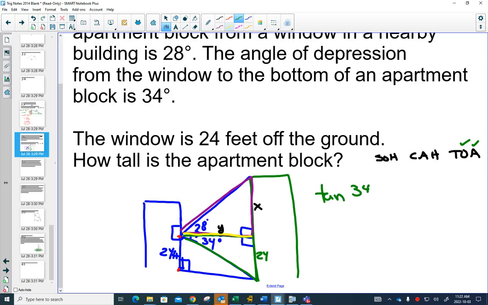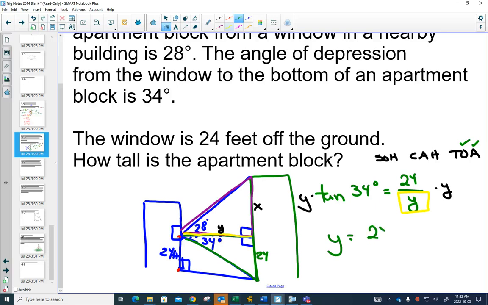Tan of your angle, 34 degrees, is your opposite side, which is 24, divided by your adjacent side, which is y. We want to get y by itself. It's on the bottom, so we have to multiply both sides by y. Awesome. And then, if you wanted y by itself after you multiplied, you would have to divide by the tan of 34.